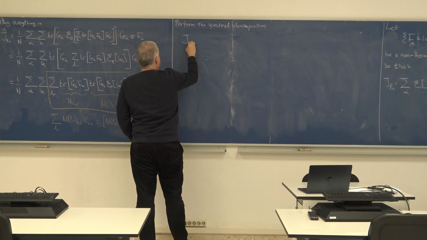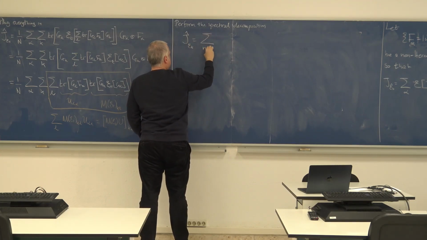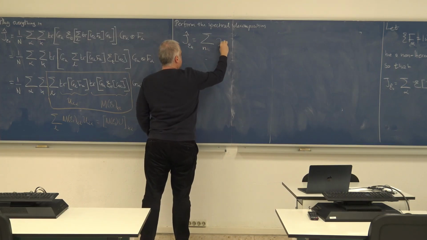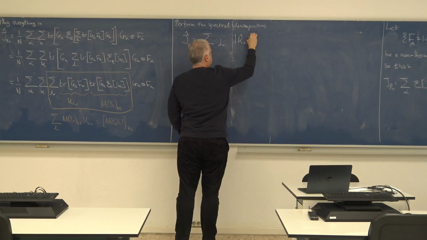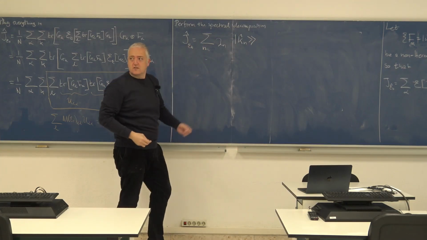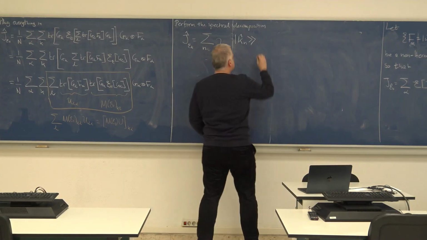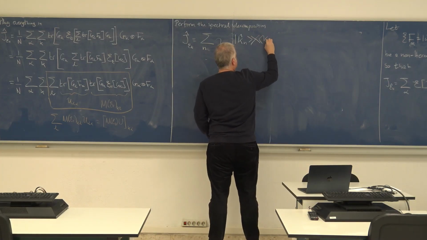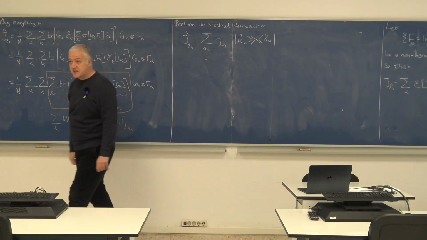This means that this J of E_T can be written as a sum over n. And now I'm going to use this double ket notation to let you know that these are vectorized forms of operators. I put a hat because these are orthonormal eigenvectors, right?